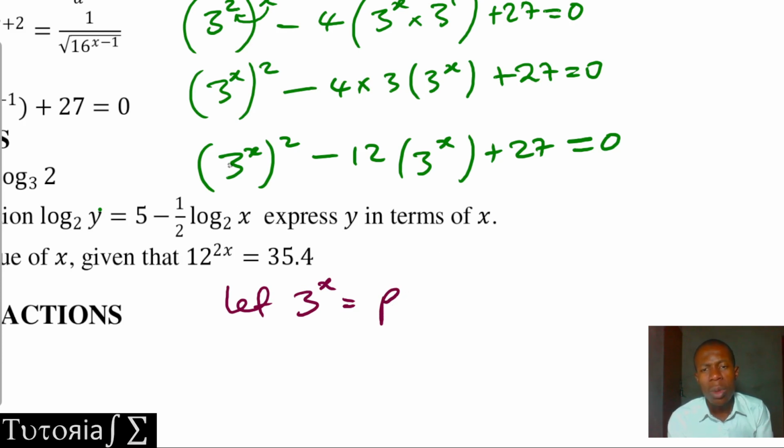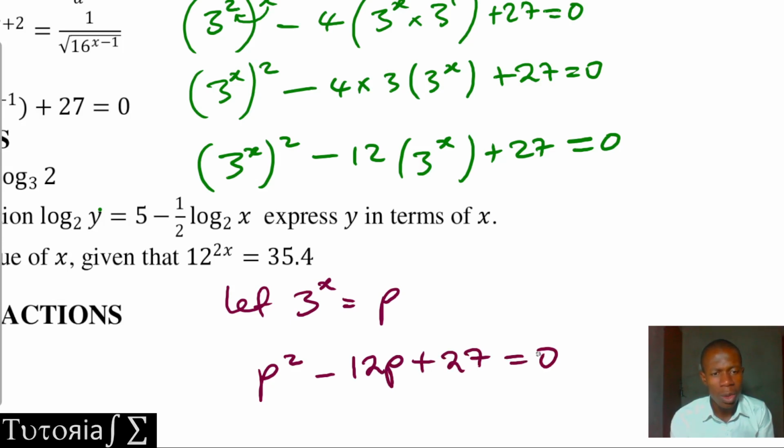So we can put P where there is 3 to the power x. So we let 3 to the power x equal P. So this will be P squared minus 12, then this is P, so it will be P plus 27 is equal to 0.